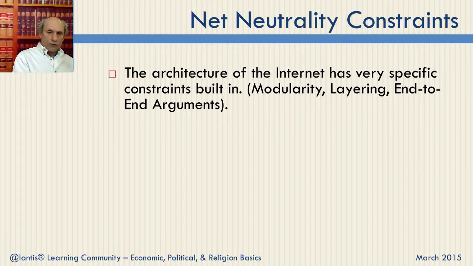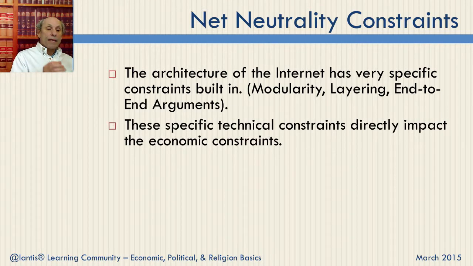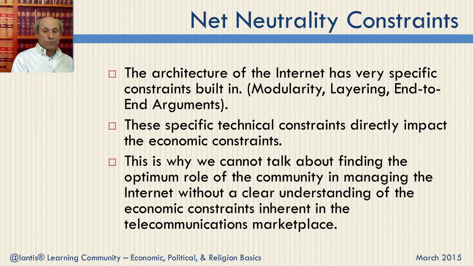And so I will be addressing modularity, layering, and end-to-end arguments within that section. But those are the constraints that the internet has built into it. And for good or bad, these technical constraints directly impact the economic constraints in terms of what we can do. The people with the internet are constrained because of these technical constraints.